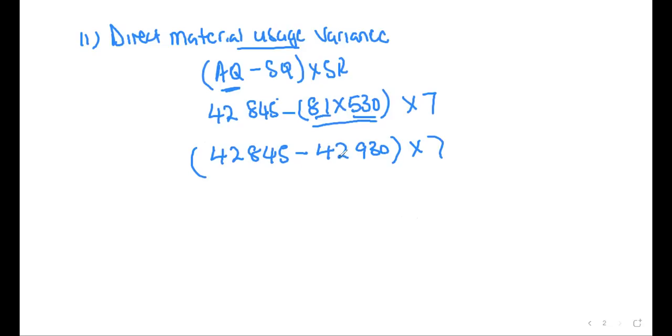So here we want now to look at what is going to happen. Is it going to be favorable or unfavorable? This is our actual quantity, and this is our standard quantity. So is it going to be favorable or unfavorable?